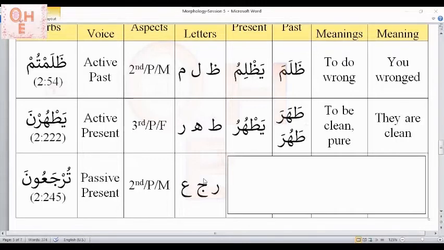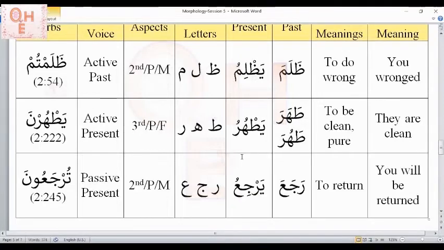Now let's go over our next set of root letters. We had ra, jim, ain. What will be the pattern? The pattern we already found from the dictionary: raja'a, yarji'u. And the base meaning is to return.